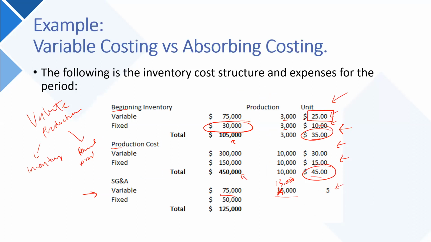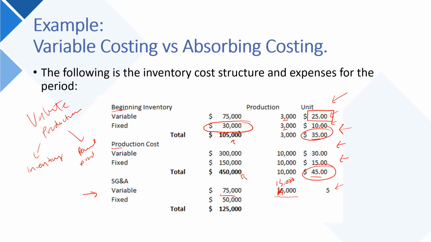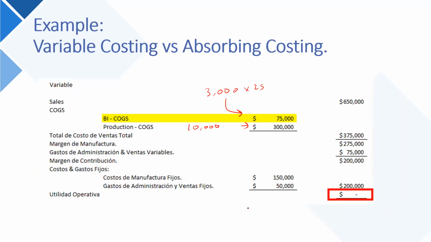It's that easy, just variable, not fixed. And because that's the variable, not the fixed, we only need to multiply times 25. And we do the same for the 10,000 units of period production, which are at 30 pesos per unit. So we multiply that times 30, and that's your cost.